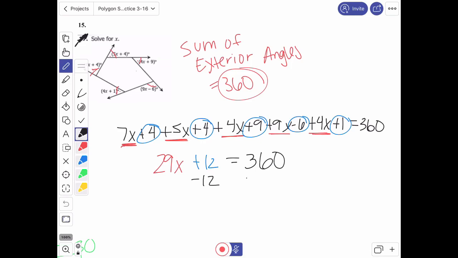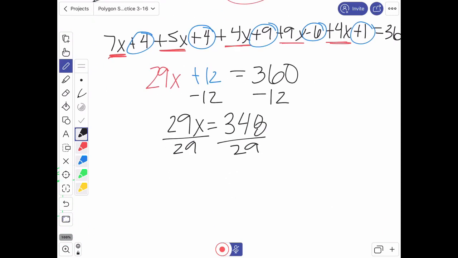Subtract 12 from both sides. 29x equals 348. Divide by 29, and we hope that it is correct. And we get x equals 12, which is in fact correct.